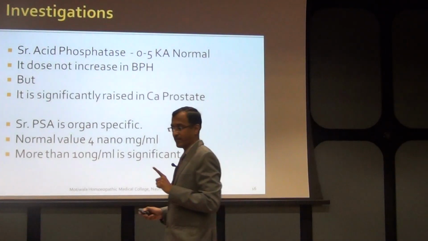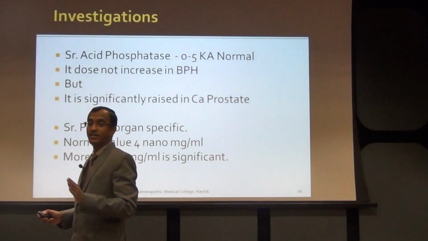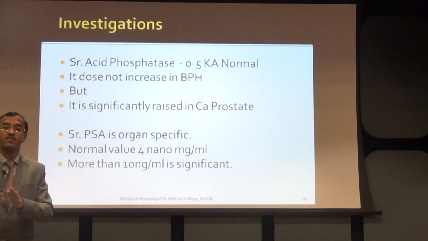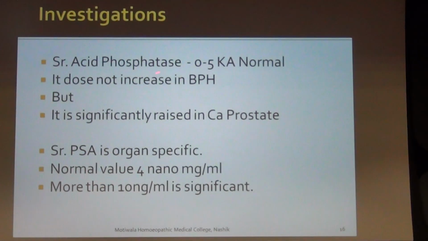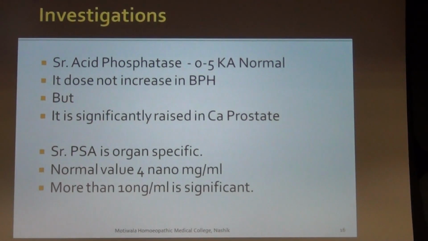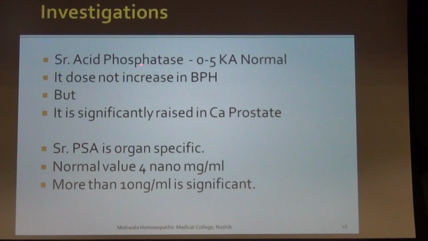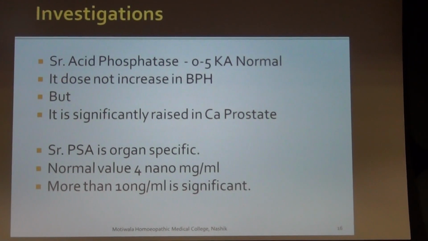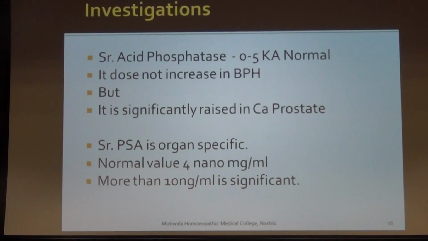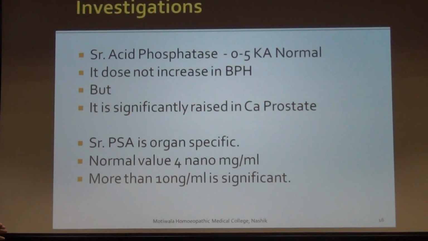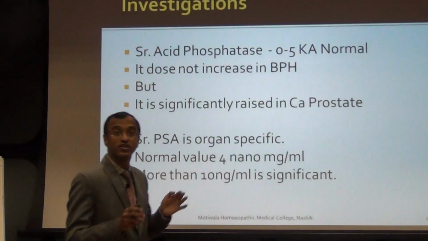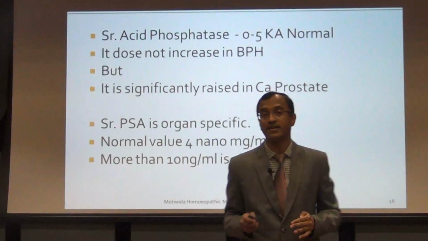Keep this in mind: if I have to differentiate benign prostatic hypertrophy from prostatic cancer, serum acid phosphatase helps, as it remains normal in benign prostatic hypertrophy, but in carcinoma of the prostate it is significantly increased.